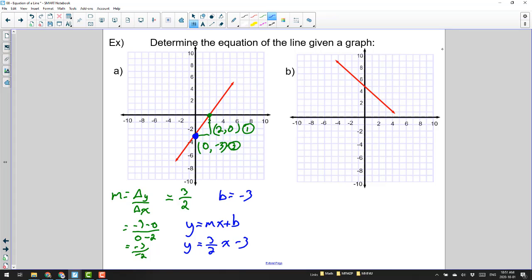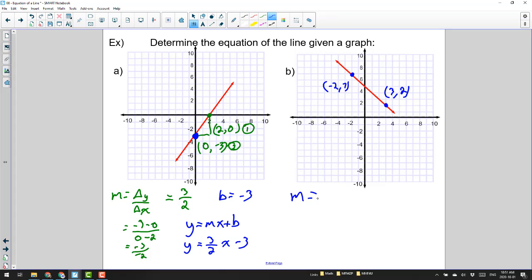All right, so for this one, I'm going to choose this point right here. That point is -2, 7. And I'll choose this point down here, which is the point 3, 2. So our slope, again, you can do the triangle.